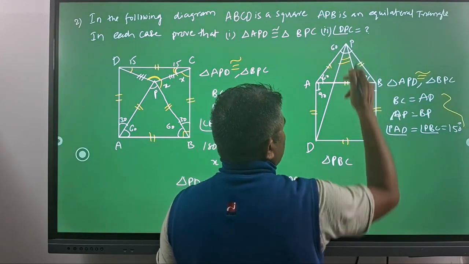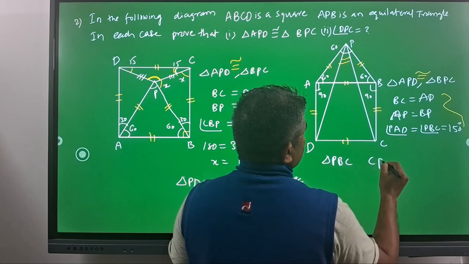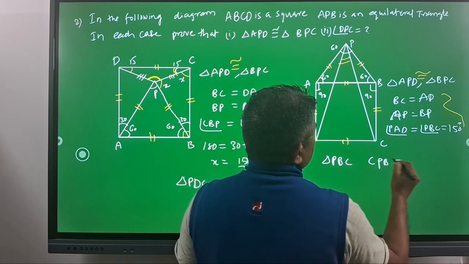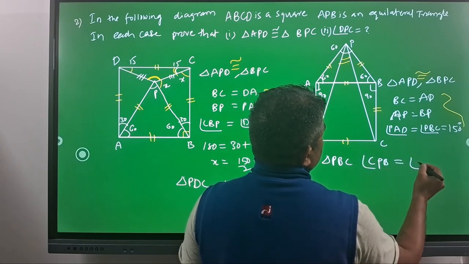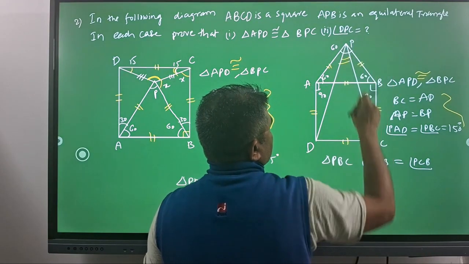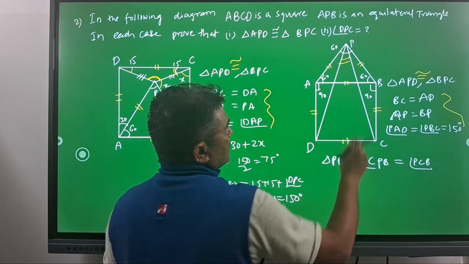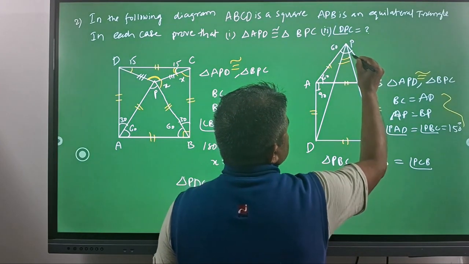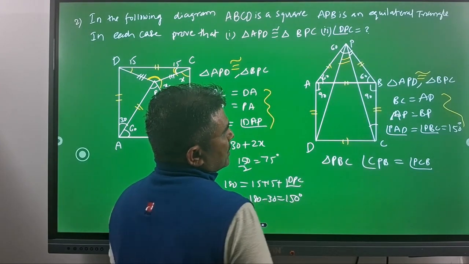So their opposite angles, angle CPB and angle PCB, are equal.